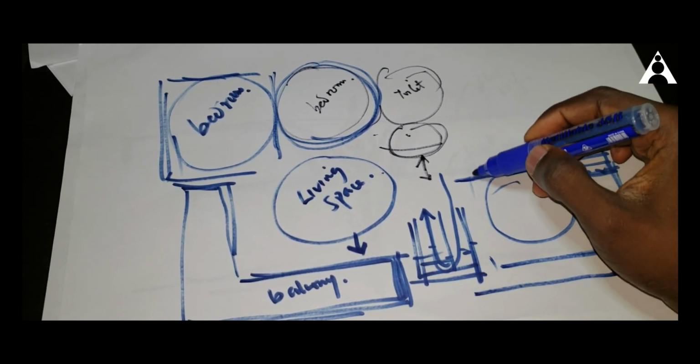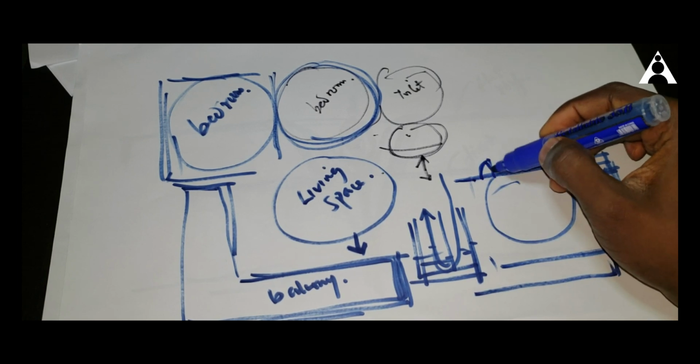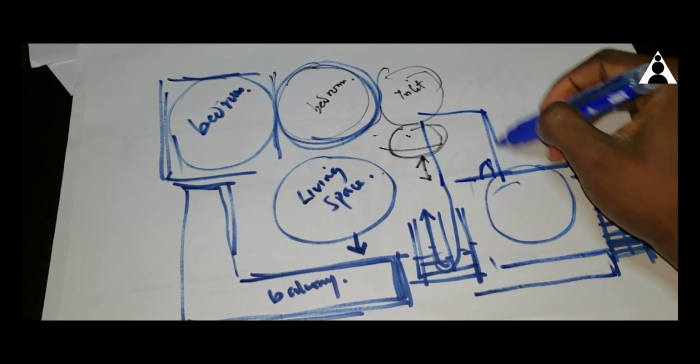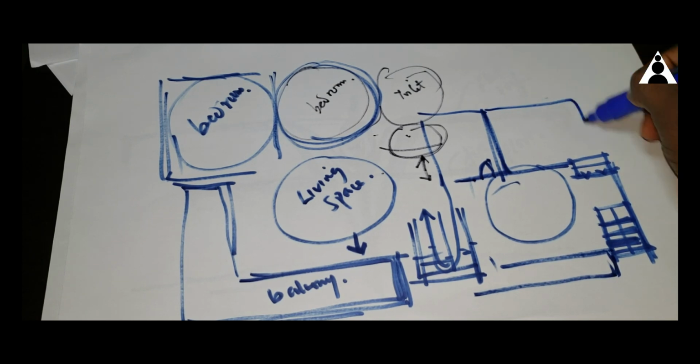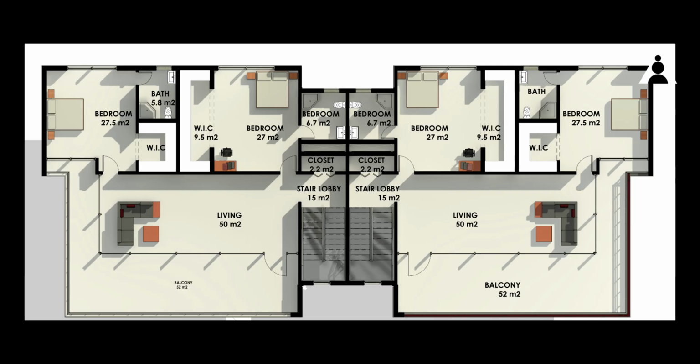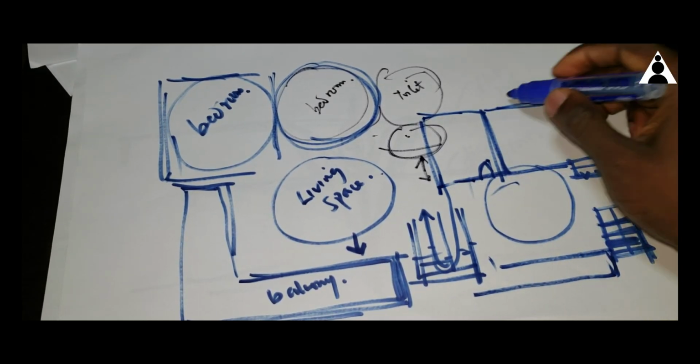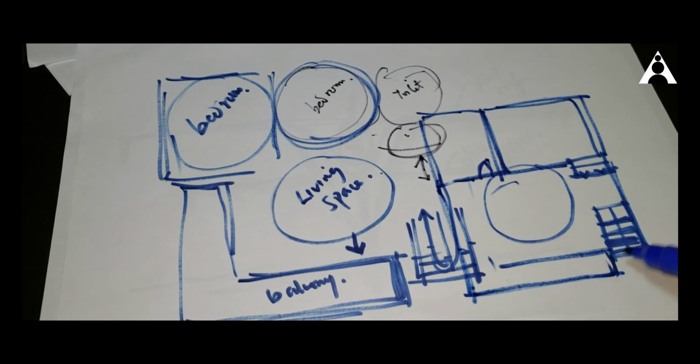And then there is an entrance to this space, which is the bedroom, and then there is another bedroom here. They all have their own closet, their own walk-in closet and their own toilet. And the same thing that is happening over here is effectively mirrored on the other side.